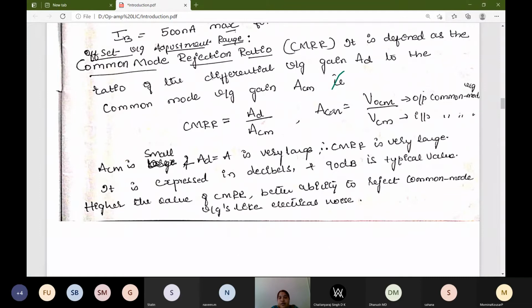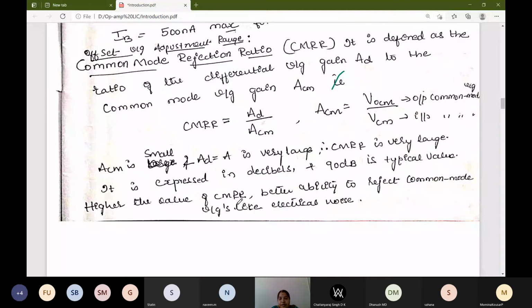What is this common mode gain? ACM is the output common mode voltage divided by the input common mode voltage. ACM is small and the gain AD is very large. Therefore, CMRR is very large. It is expressed in decibels, and 90 decibels is the typical value.